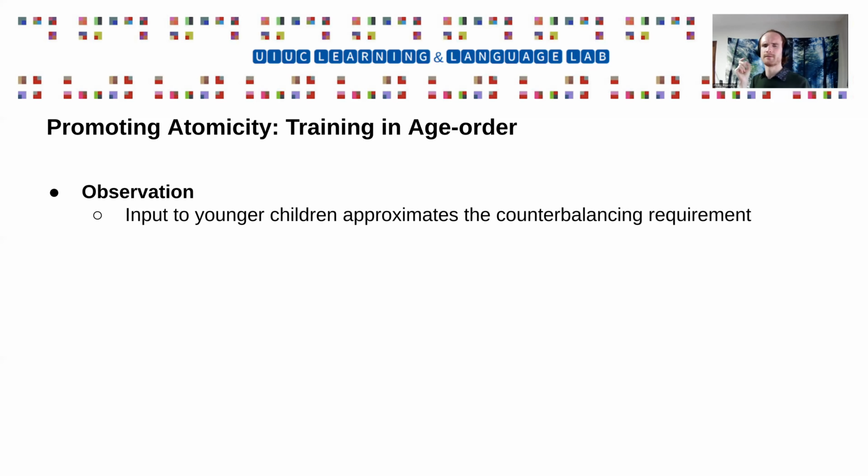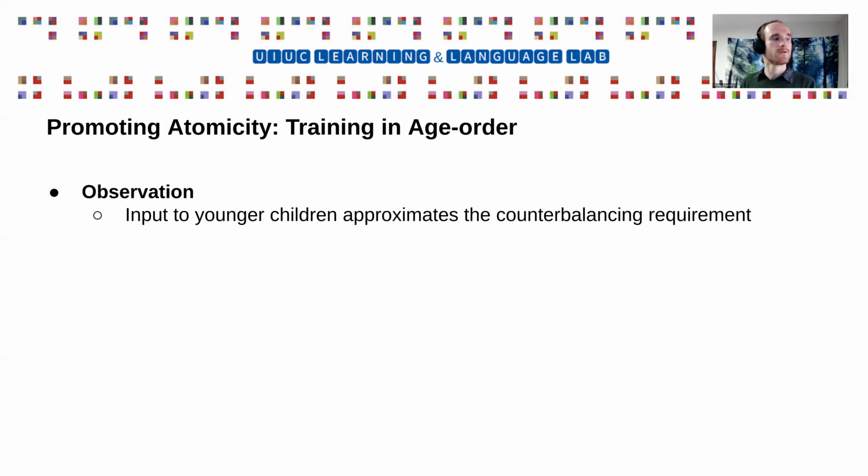So this is really interesting and really curious, and potentially suggests some pedagogic value of the lexical structure of input to young children in helping nouns become more atomically represented.